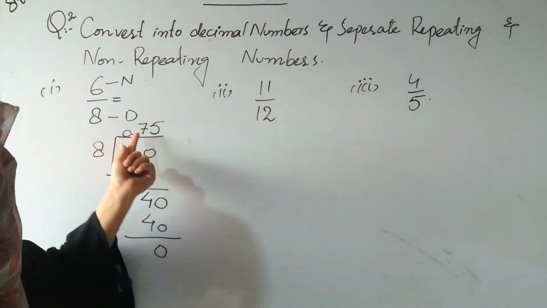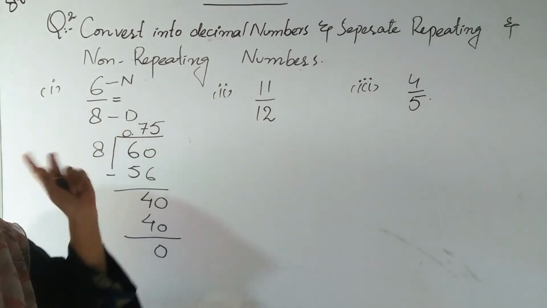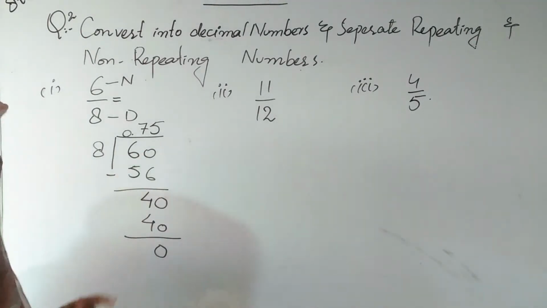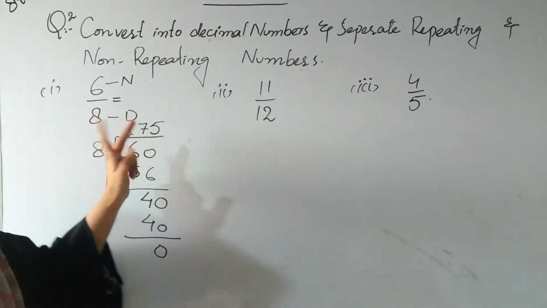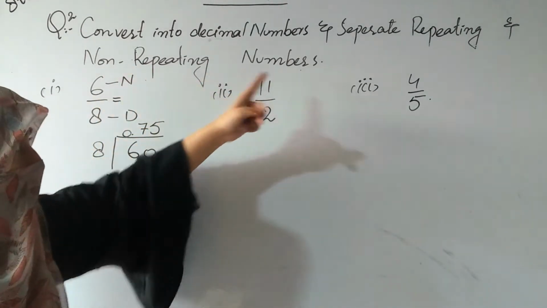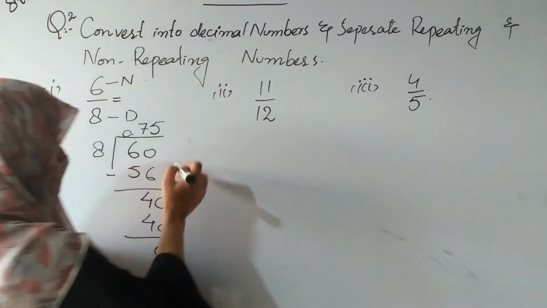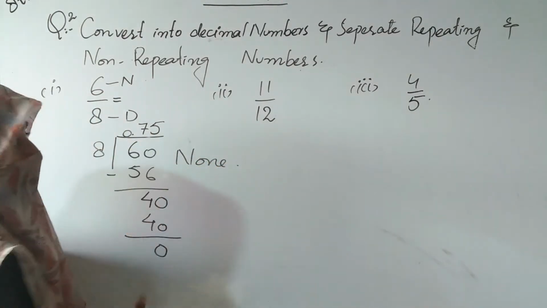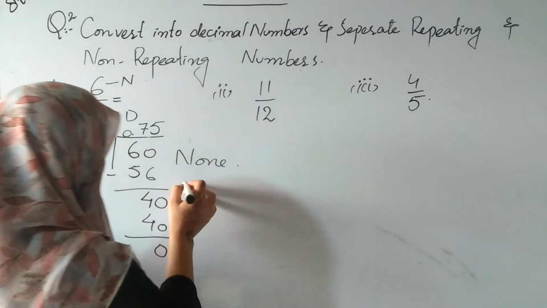So here after the point, the numbers are finite and not repeating. Because these numbers are finite, they are neither repeating nor non-repeating, because these are terminating numbers.